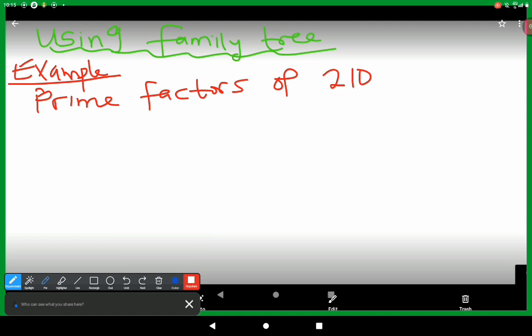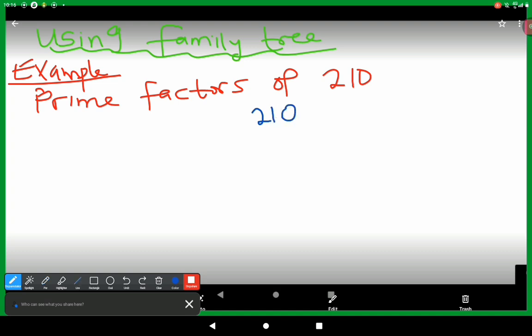Now, prime factors of 210. Using the family tree, I told you earlier that this family tree method is mostly reliable and free of error only if you can follow the process. So let me show you the process. The first thing you have to do, you put the number you're trying to find the prime factors of on top like this.